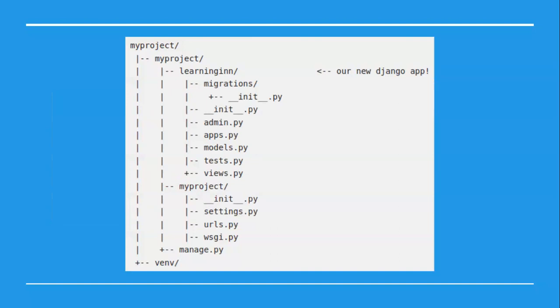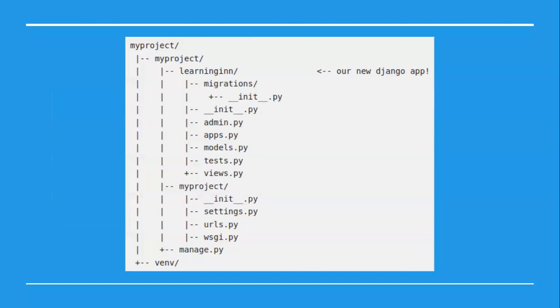The models are translated automatically by Django into database tables. tests.py, this file is used to write unit tests for the app. views.py, this is the file where we handle the request-response cycle of our web application.